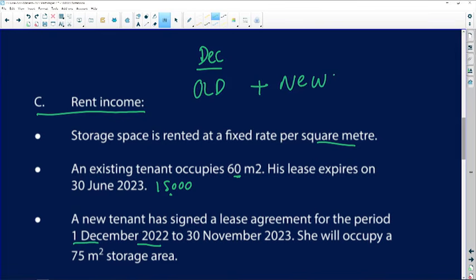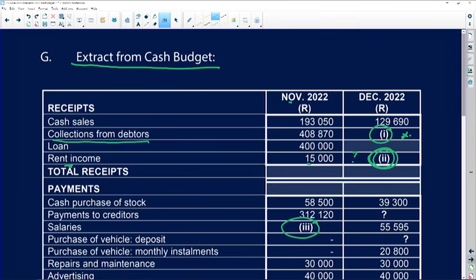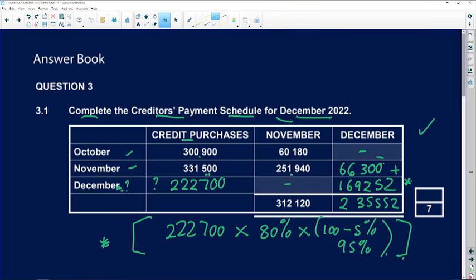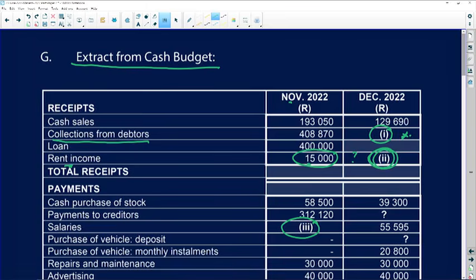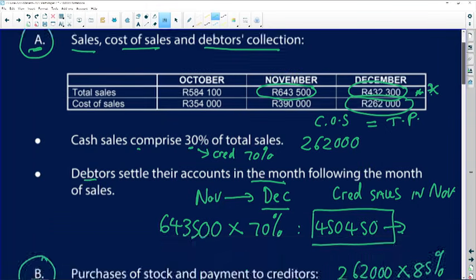Now the old tenant, from what I can see, he or she is paying 15,000. Okay, so let's put that in. So we've got our old tenant. Let's go back to the info. There we go.